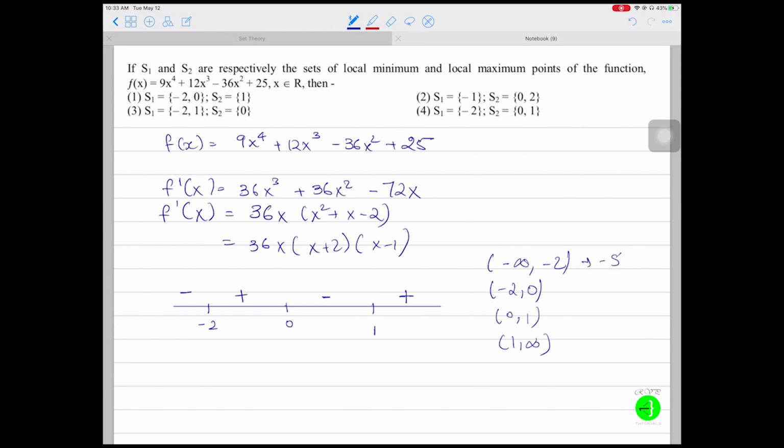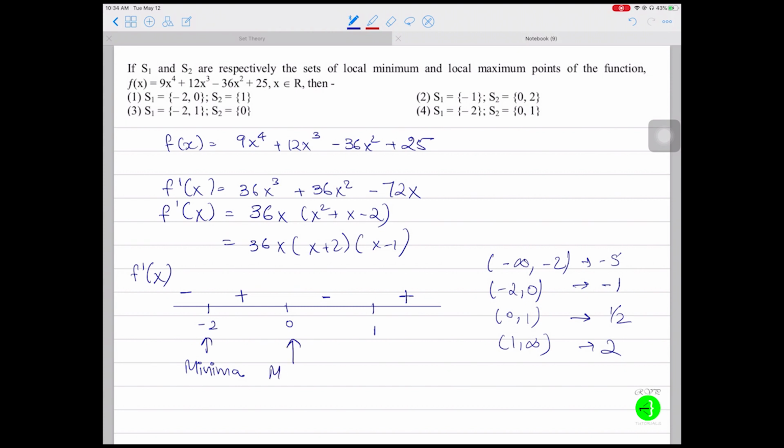And you can plug in some arbitrary value. So maybe from this interval, you plug in minus 5. From this interval, you plug in minus 1. From this interval, just plug in 1/2. And from this interval, plug in 2. If you plug in these values, you will get the sign of the derivative of f. When the derivative of f(x) changes from negative to positive, we know that this is a minima.